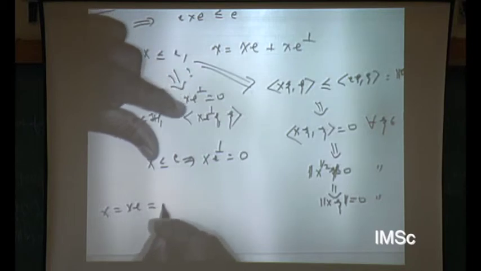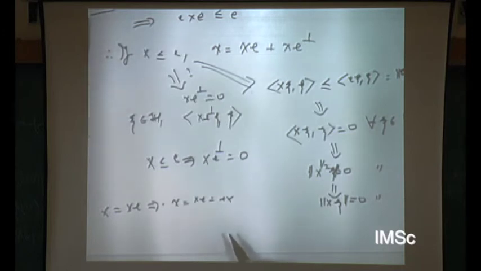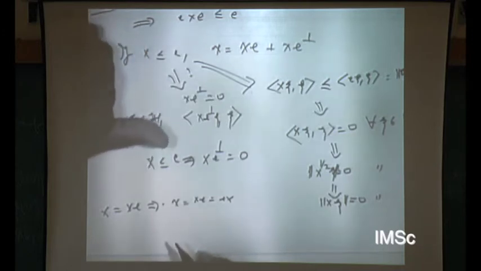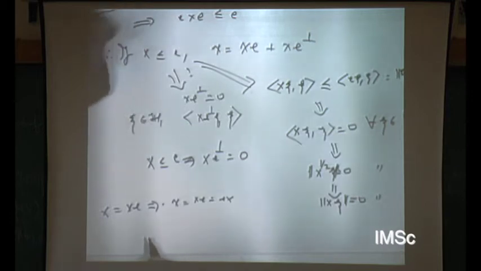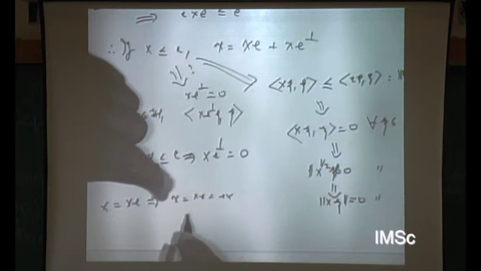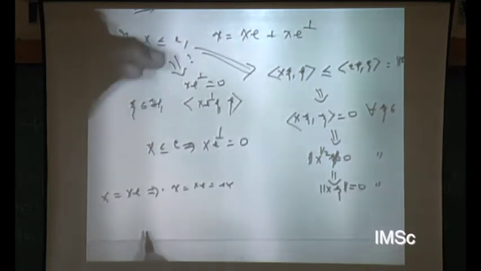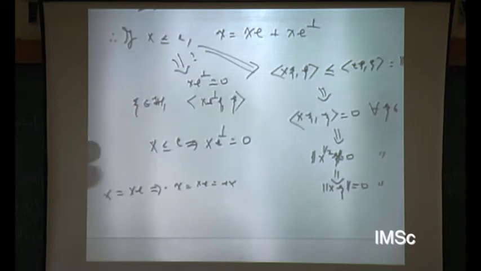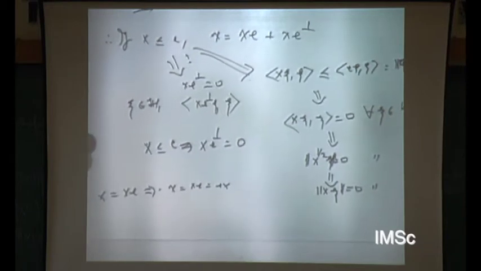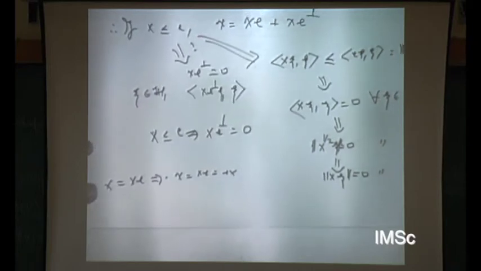So this means x and E commute. Why am I making such a mess here? So x equals xE, then we want to prove that x is less than or equal to E.